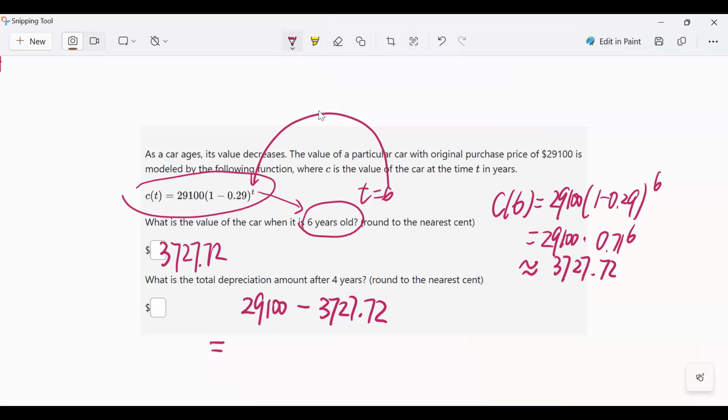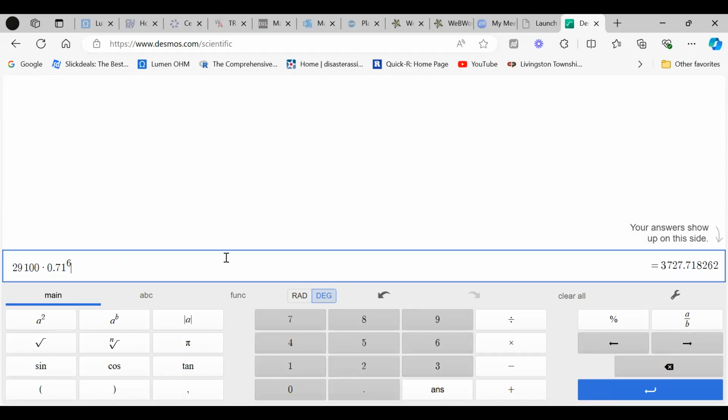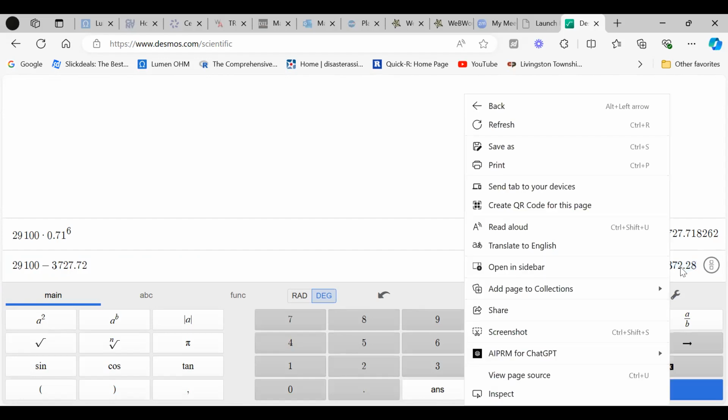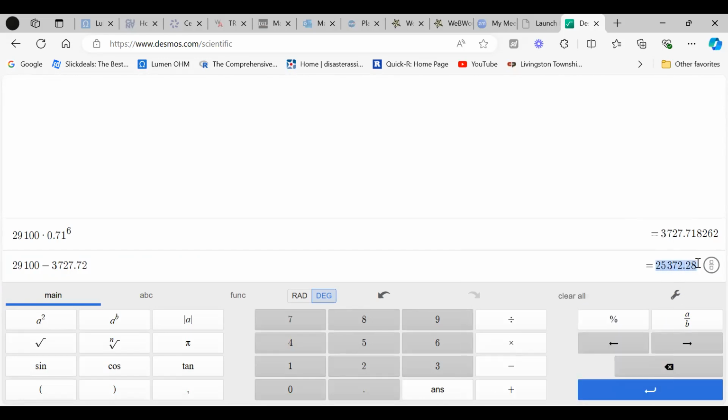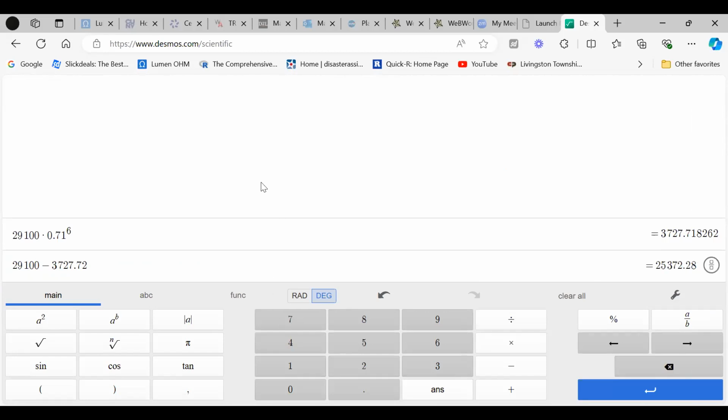Let me go back to the calculator and compute 29,100 minus 3727.72. We get 25,372.28.